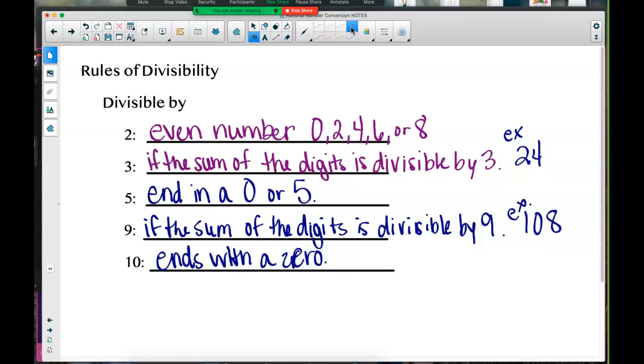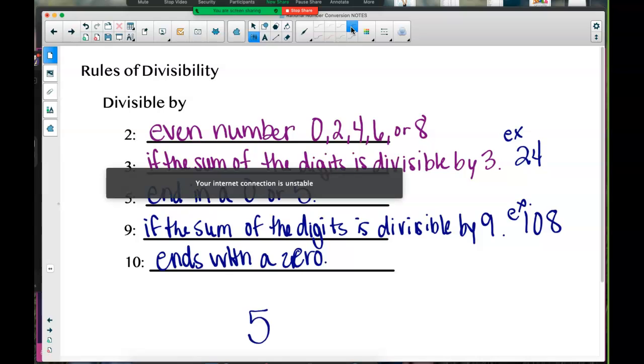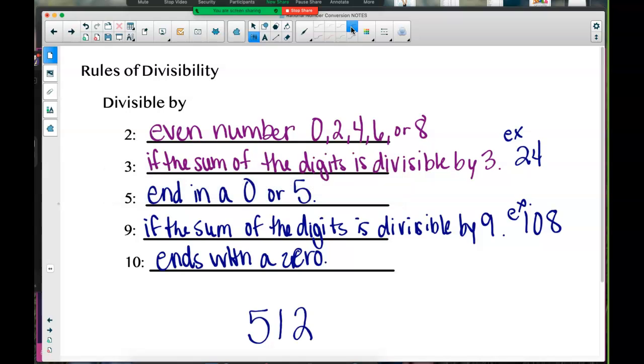Okay, so you guys tell me, if I give you this number, 522. Can I divide that by 2? Absolutely. Would that be divisible by 3?